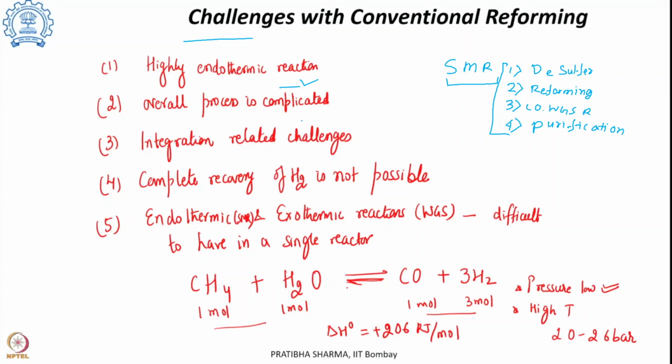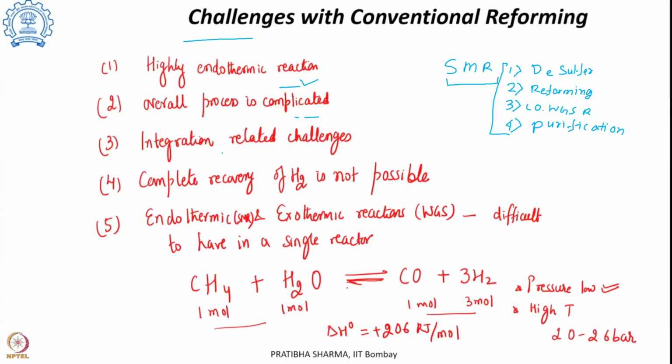Why? Because a lot of steps are involved. We do not want complicated things. All four steps involved in the SMR reaction need a large amount of space and a large amount of instruments, and it is not at all flexible in terms of design.